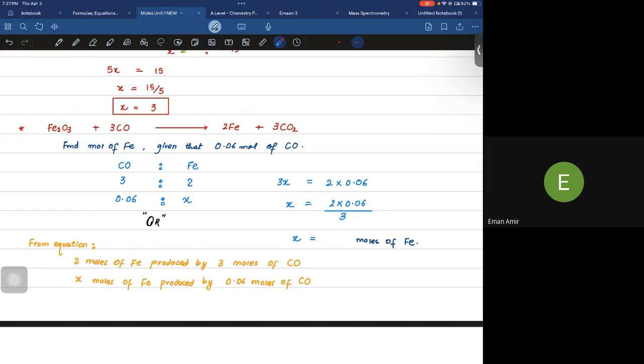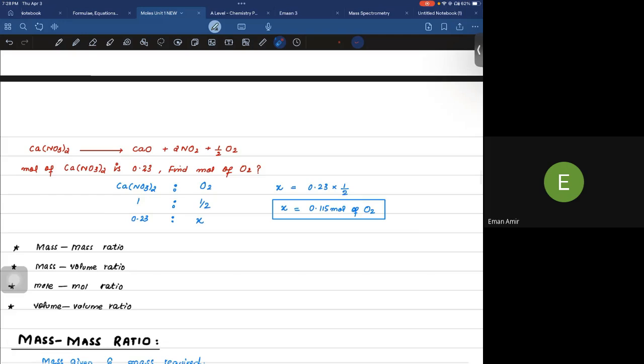The question will tell you. Here they are asking the moles of iron and they have given the moles of carbon monoxide. So of course I have to consider this and this. I will not consider the others. Remember, this is very important to know.